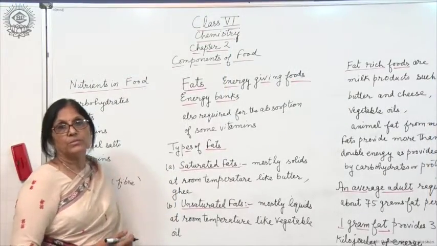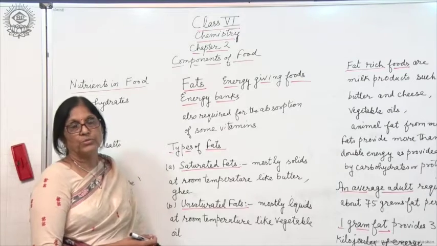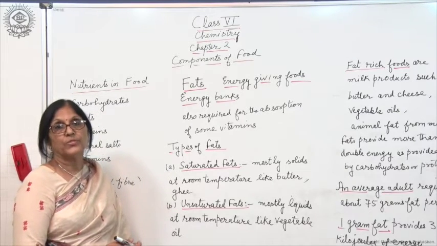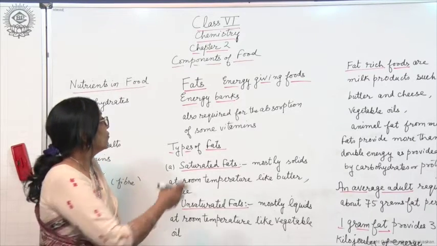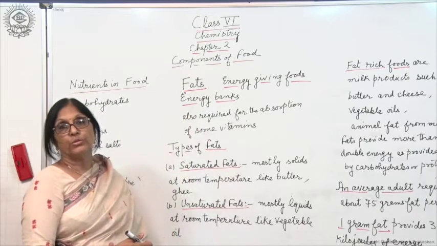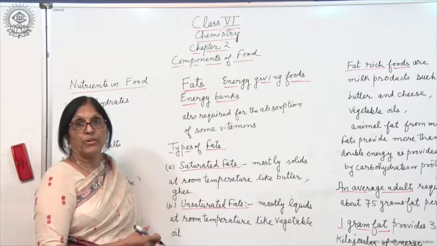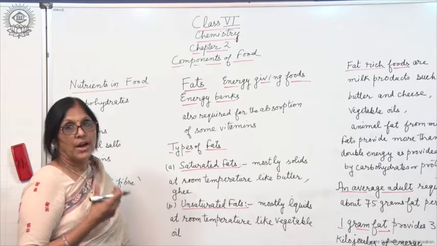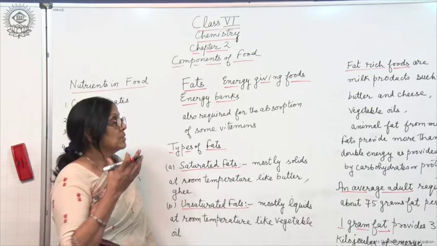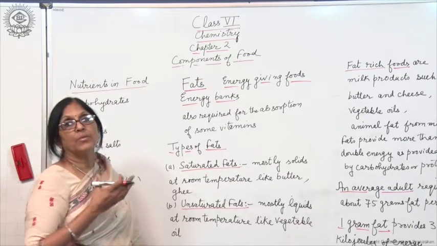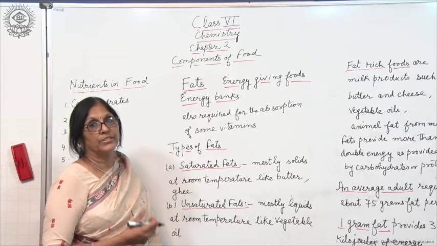We will discuss now the second component of food, which is a very important component, that is fats. Now fats are also energy giving foods, they provide a lot of energy. Fats provide about double the energy as provided by carbohydrates.